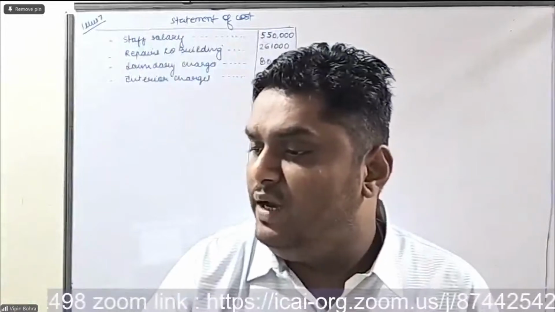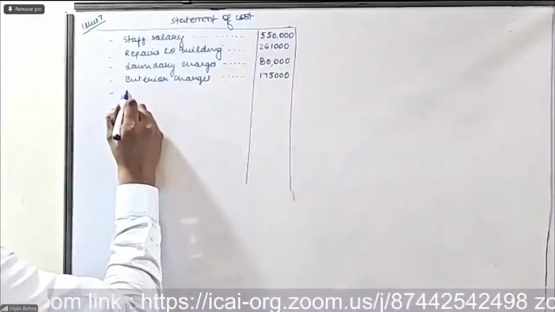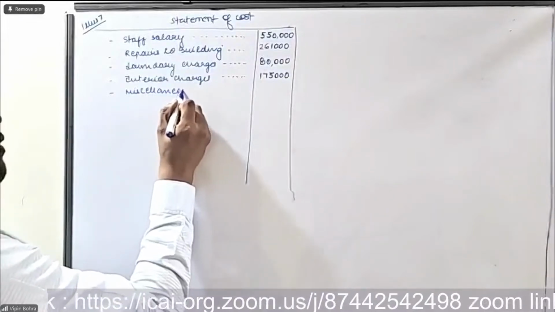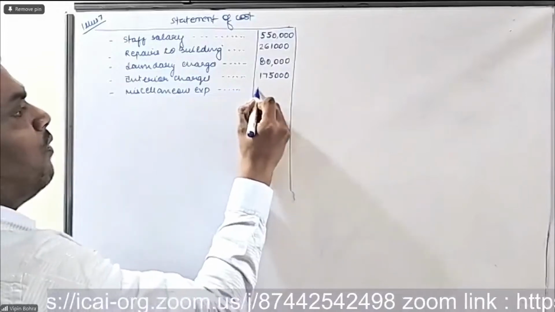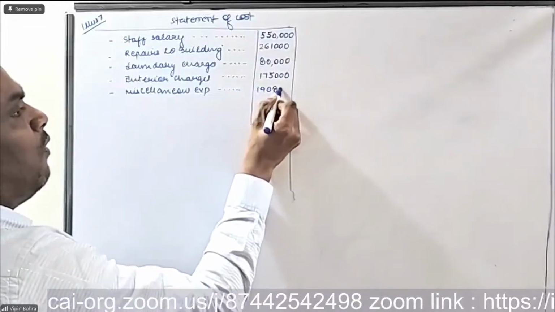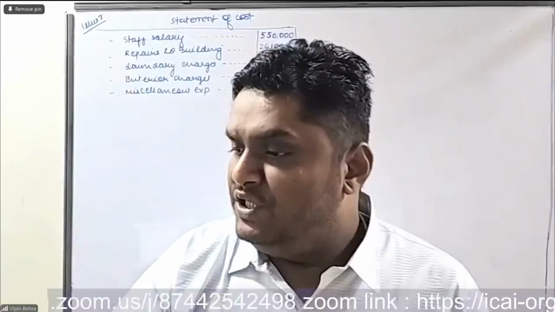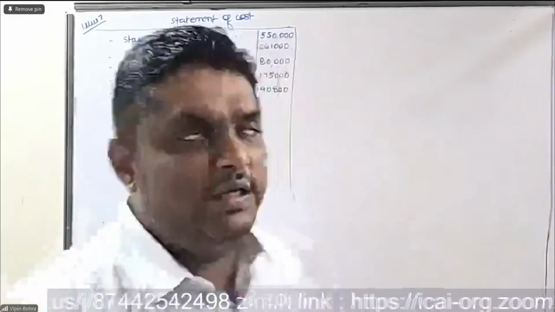Miscellaneous expenses are 1,90,800. Depreciation is 5% on building and 15% on furniture.